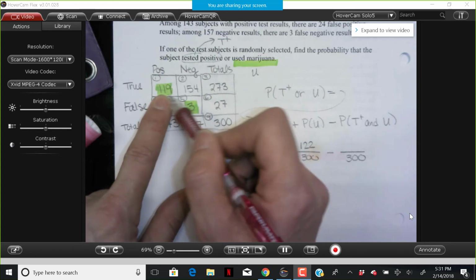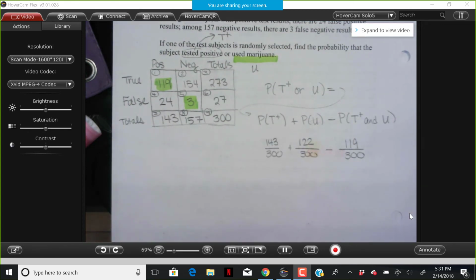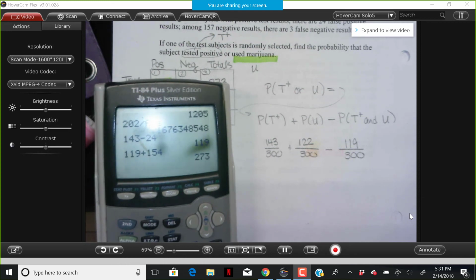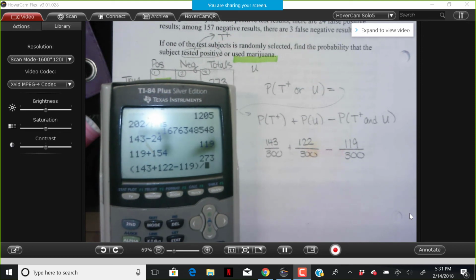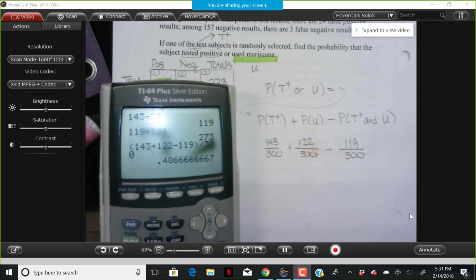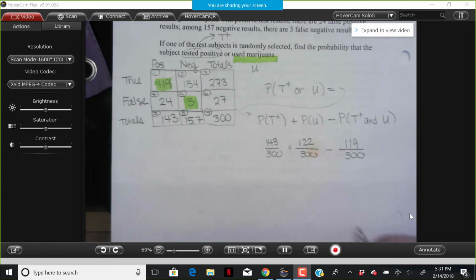So it's just 119. So again, I'm just going to add up the numerators in parentheses and then divide by 300. Okay, so about 0.487.